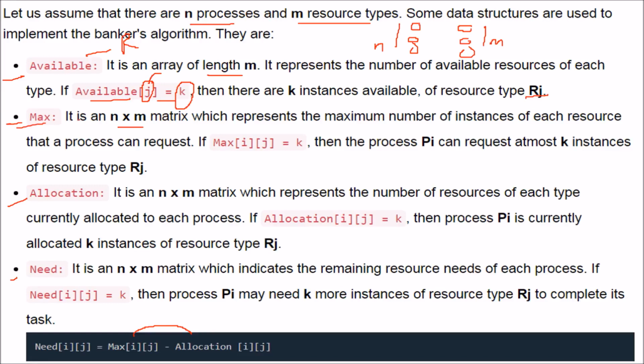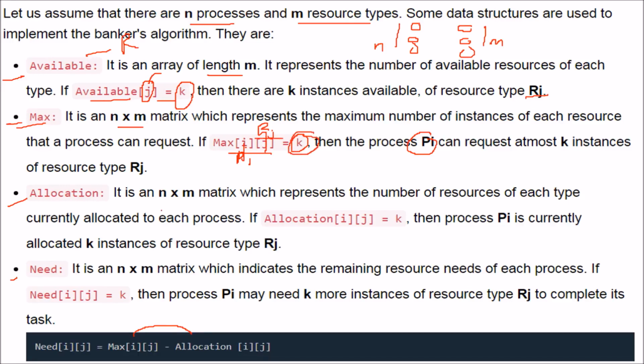Max means the process can request that maximum number of instances. Max[i][j] = k means that each process Pi can request k instances of resource j. Pi can request a maximum of k of this resource.